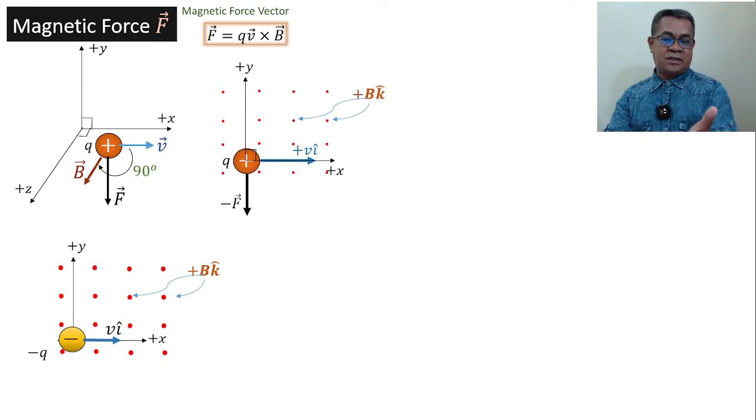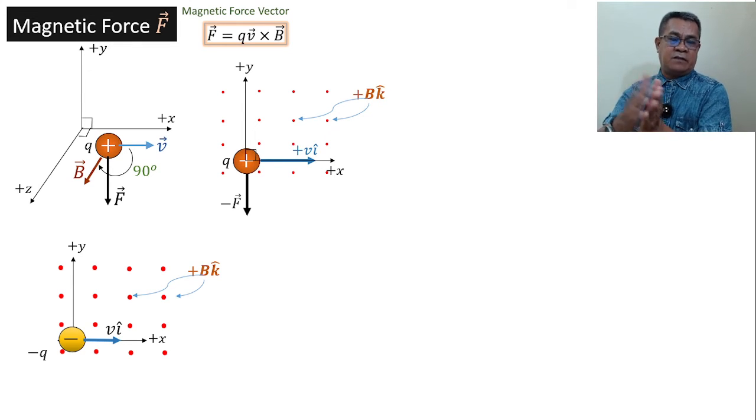To answer that, you can use your right hand rule if you want to, or you can use the formula. If you use the right hand rule, remember it is negative. So again, the instruction is place your five fingers in the direction of velocity, then curl them. Please do it.